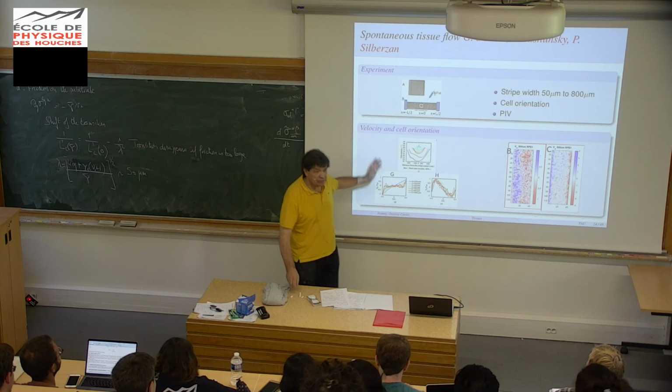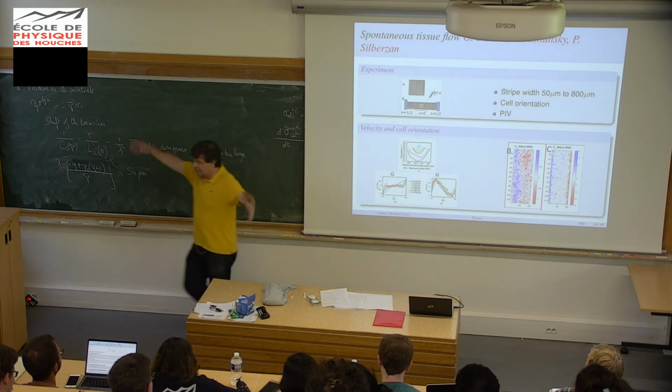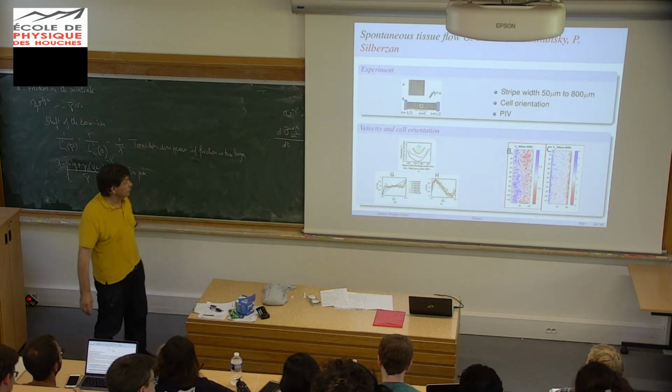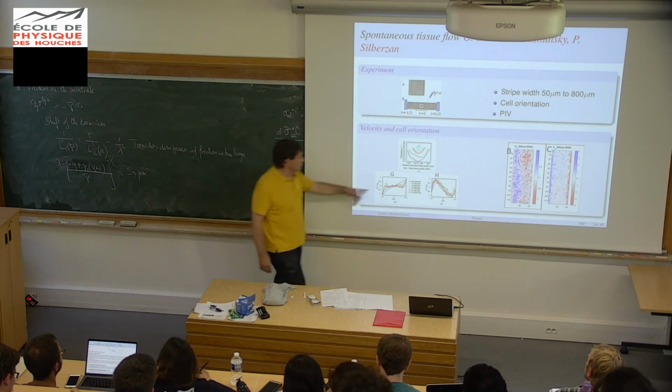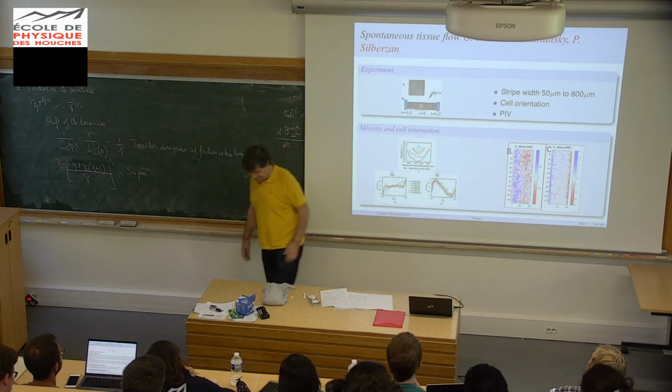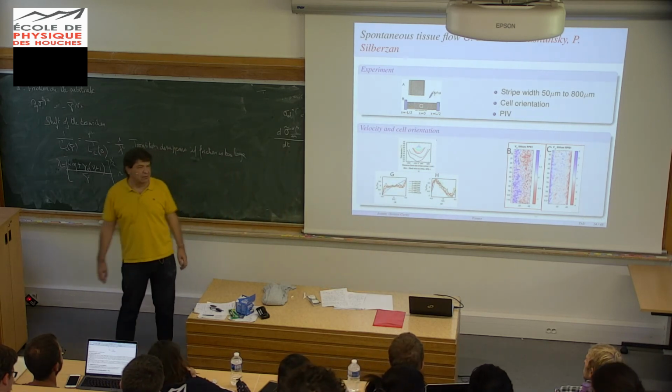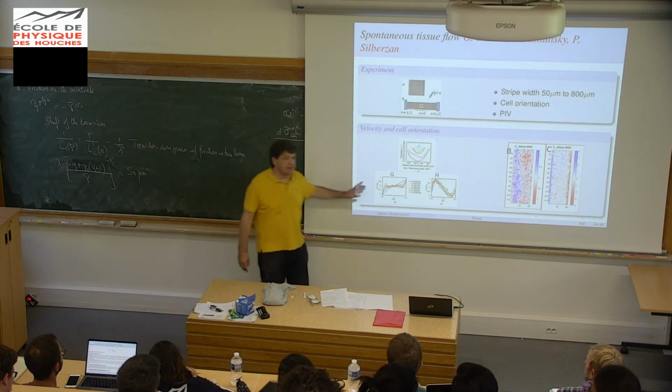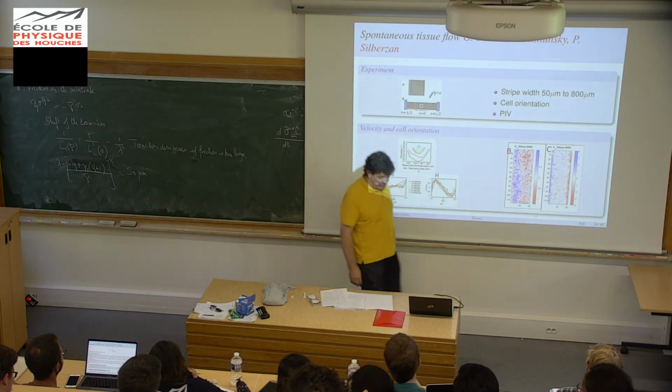And if it's too large, and they didn't go to large enough distances to see the transition disappear, they always saw this exponential decay, more or less, of the velocity from the edge.